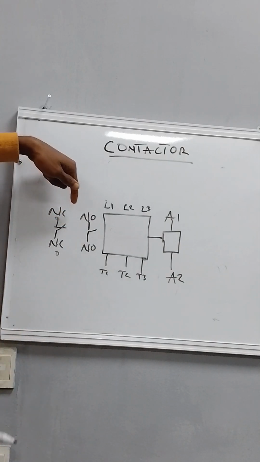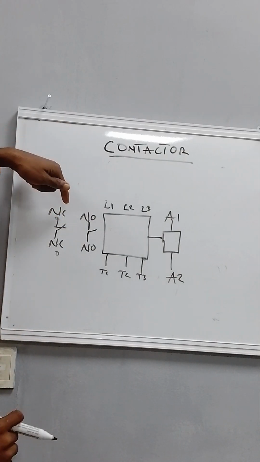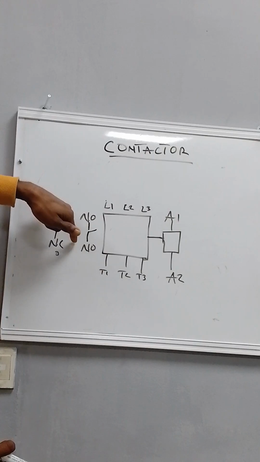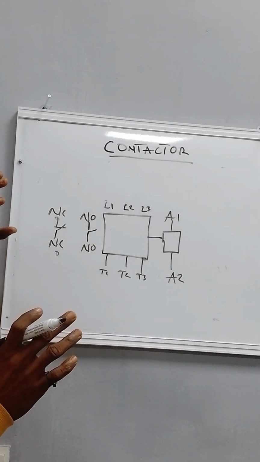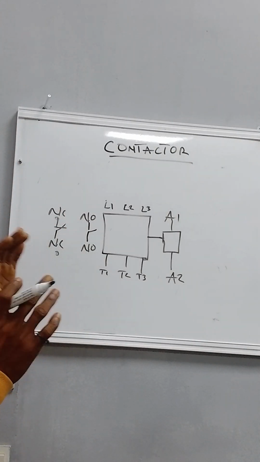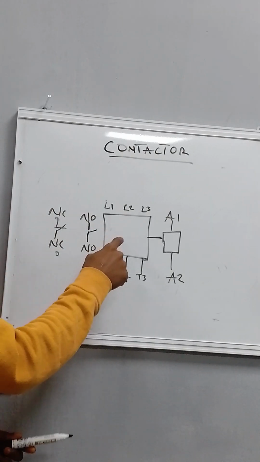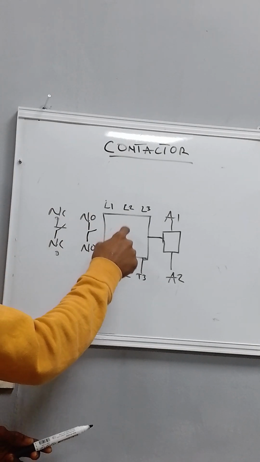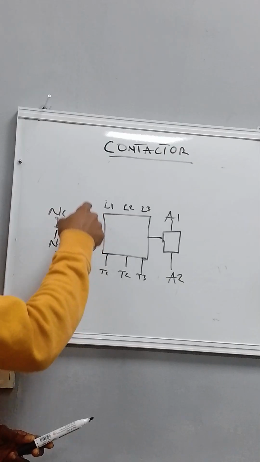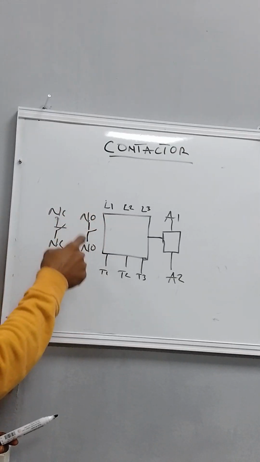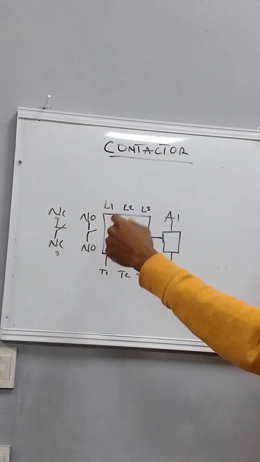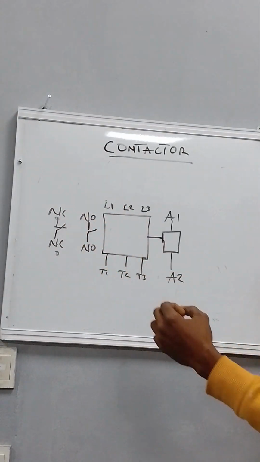That means if you use your meter to check continuity from here to here, it will not sound, there will not be continuity, except when it is energized. That is where you will see continuity flow from this side to this side.